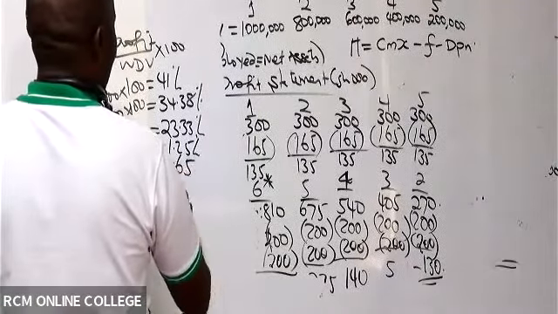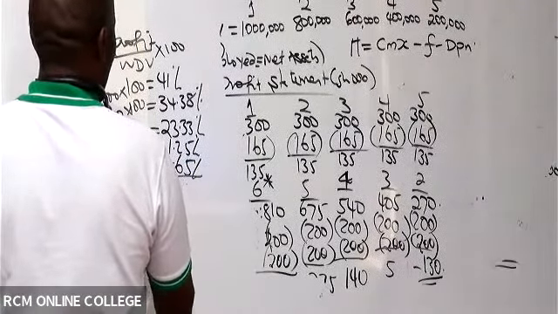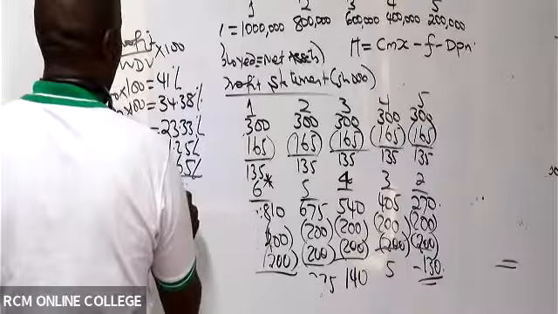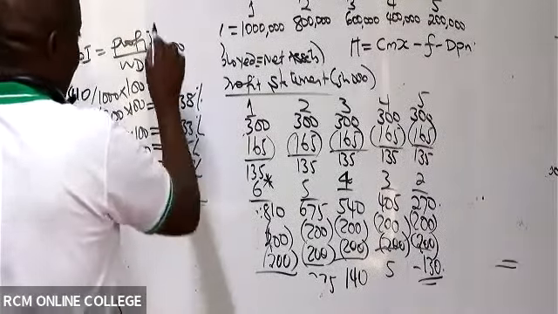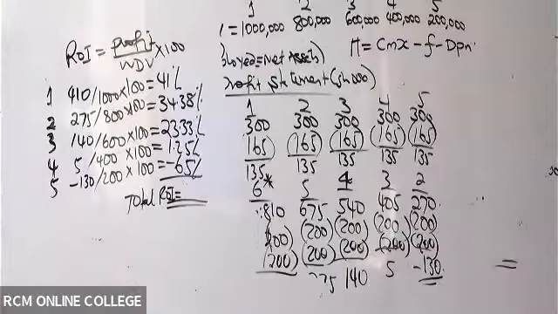Should they want the average, we first need the total ROI. Please add up everything: 41 plus 34.38 plus 23.33 plus 1.25 minus 5. I just want the total.